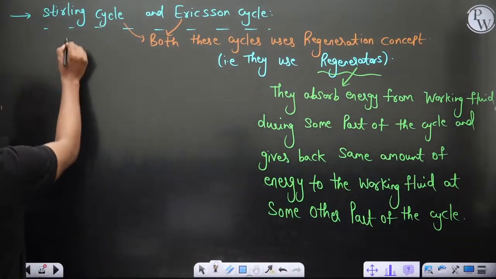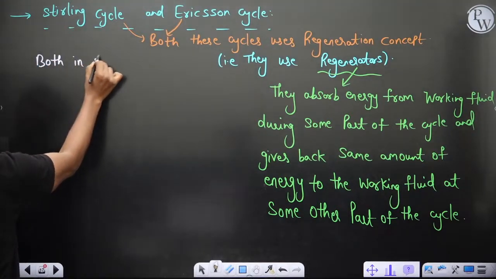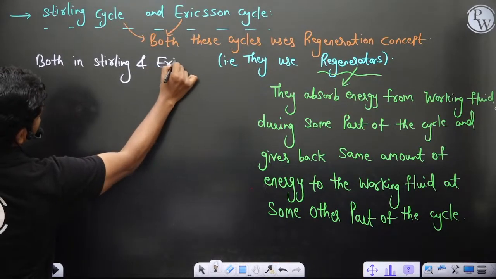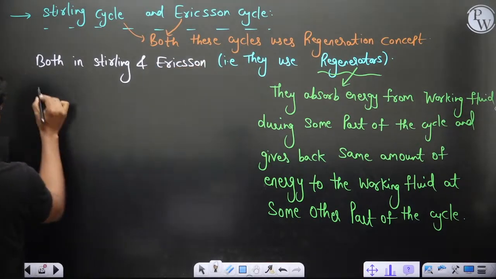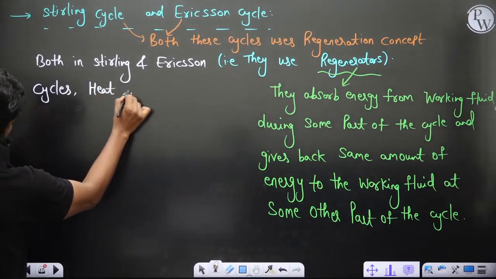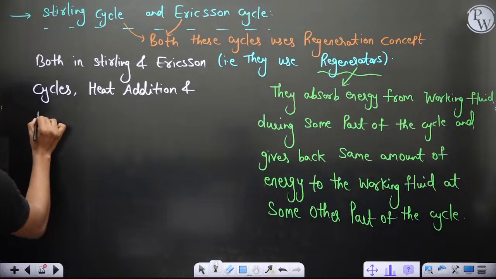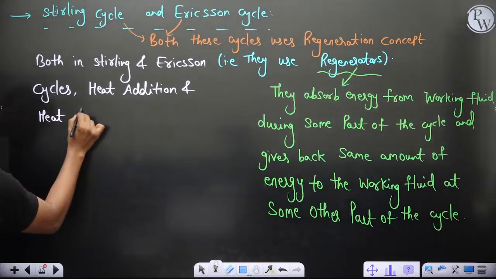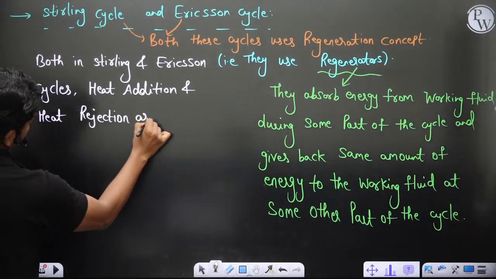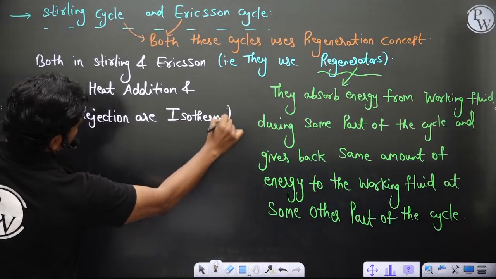In these two cycles, both Stirling and Ericsson cycles, they are reversible cycles, of course. Heat addition and heat rejection are isothermal.